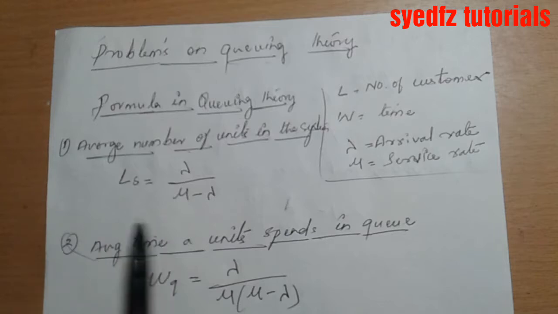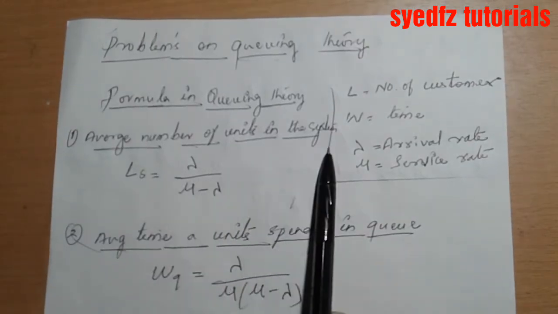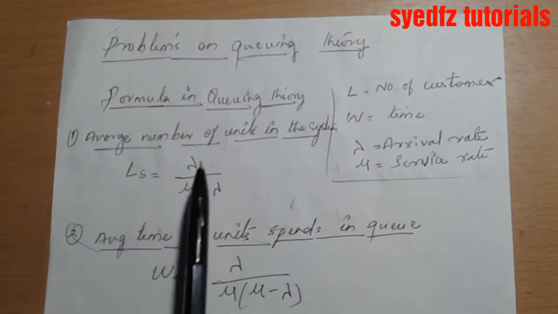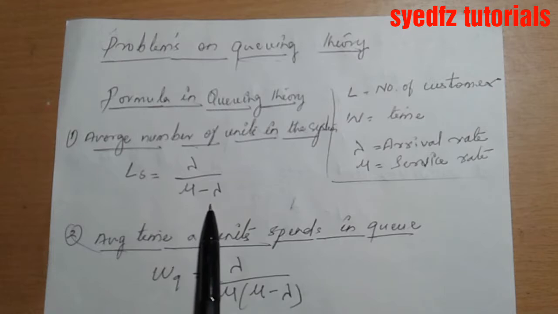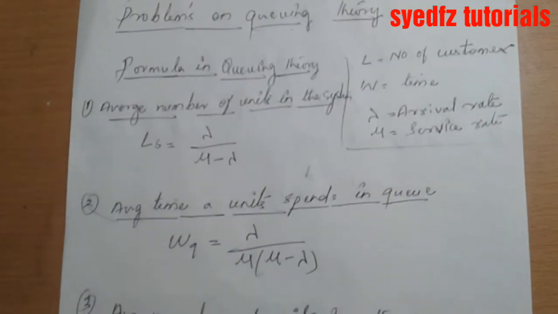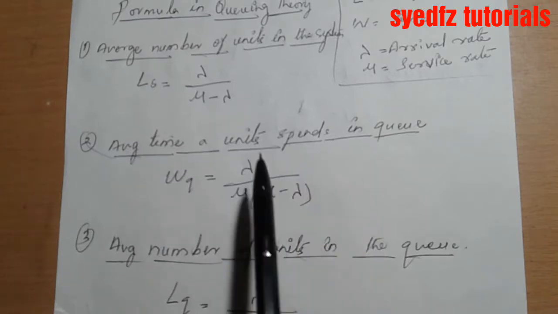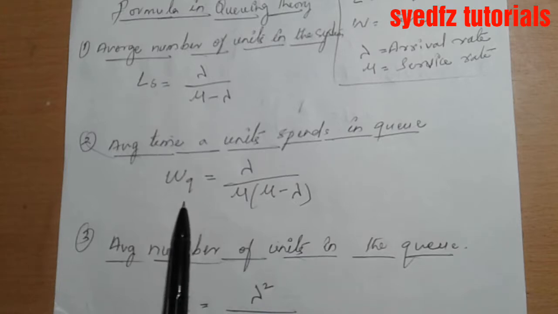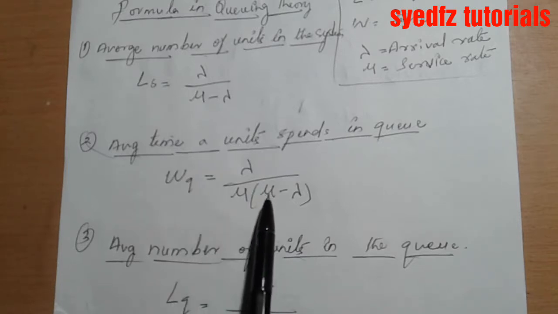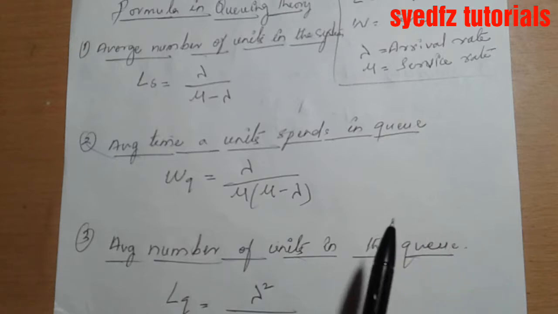The first formula is the average number of units in the system: Ls is equal to lambda divided by mu minus lambda. For the second formula, the average time a unit, meaning a person, spends in the queue: Wq is equal to lambda divided by mu into mu minus lambda.